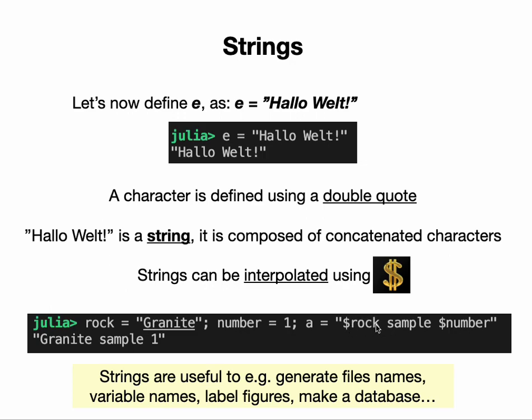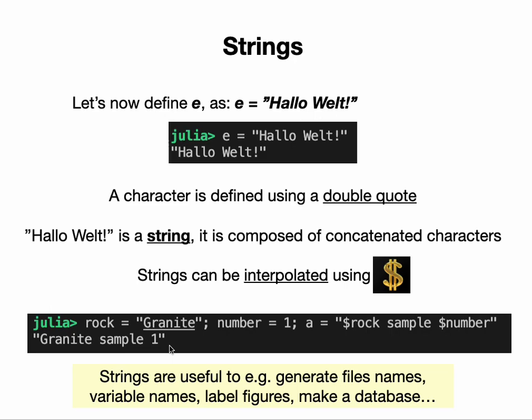What dollar rock does is substitute rock by its value, which is the string "granite". Sample will be just a string, and dollar number will substitute number by its value 1. So the result is "granite sample 1".